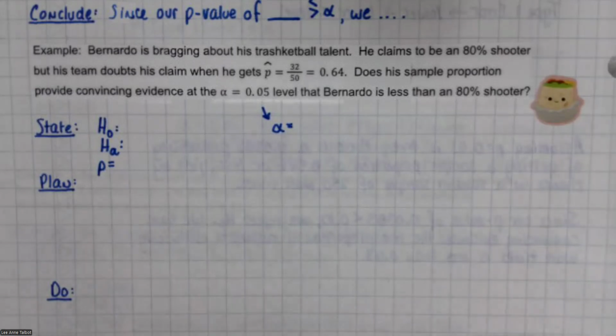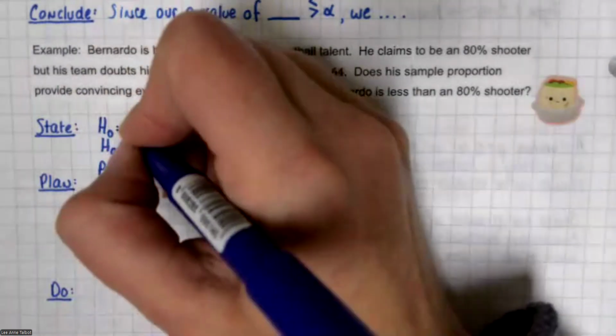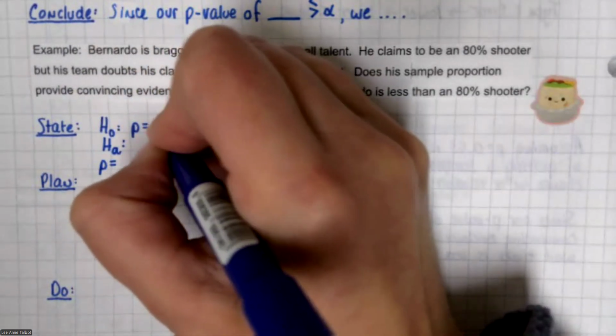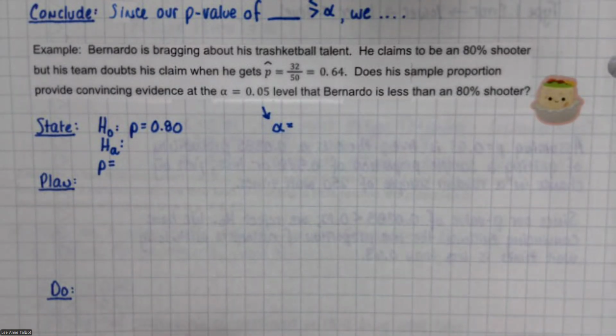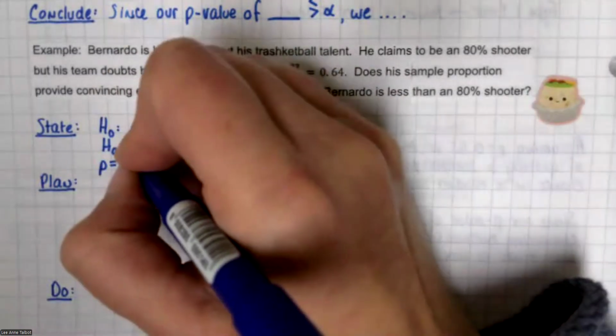Okay, so what is the current claim? What's the statement of nothing is going on, 80%? Okay, great. And what do people suspect, less?